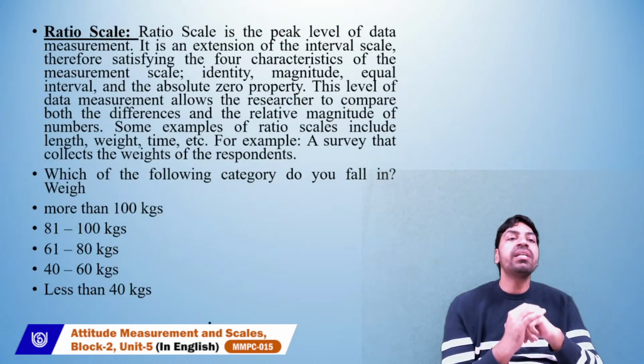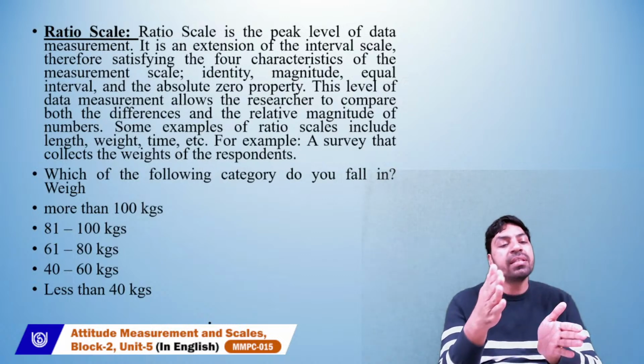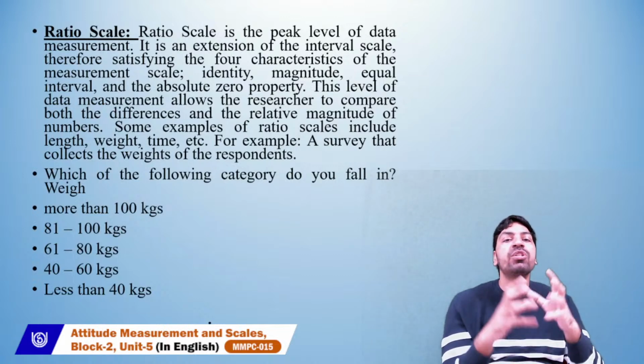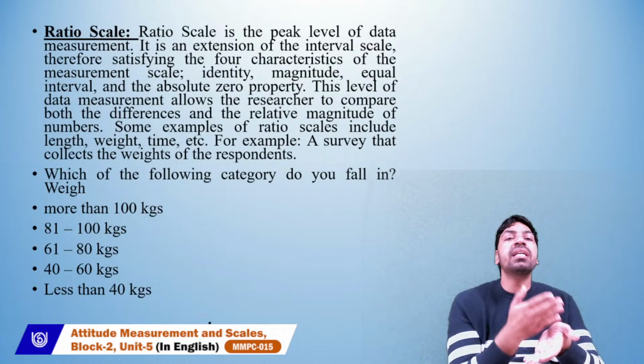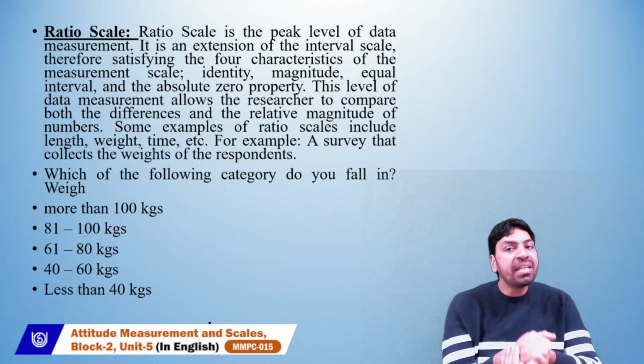And the last one is the ratio scale. The ratio scale is an extended version of the interval scale, which measures all four characteristics of scaling: identity, magnitude, equal intervals, and absolute zero property.